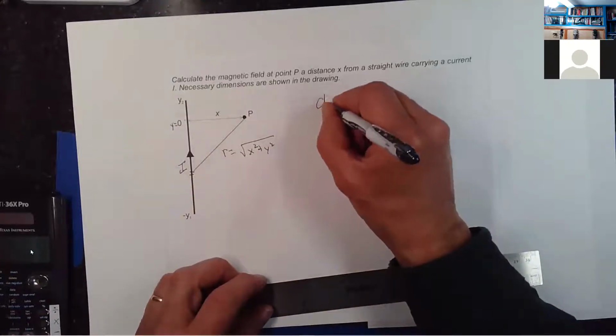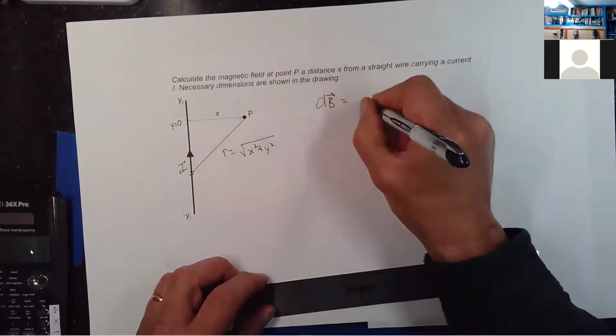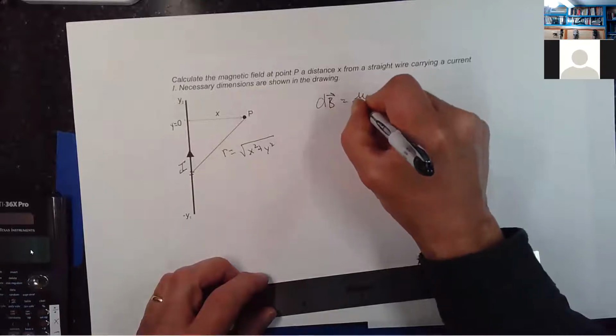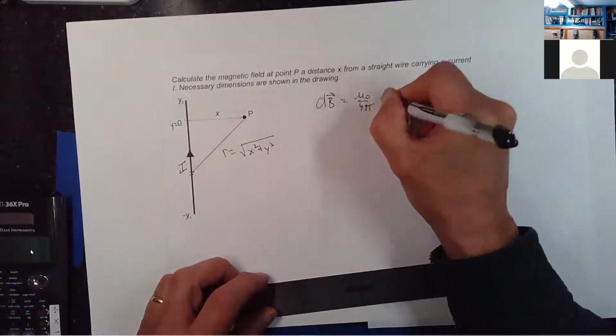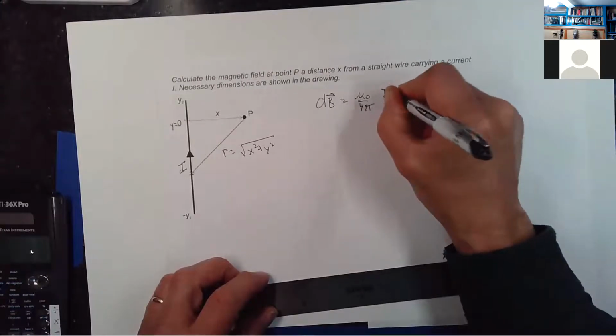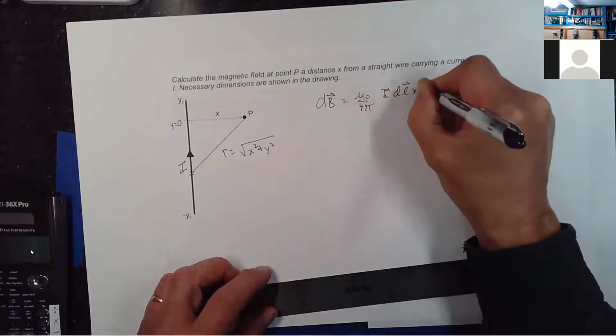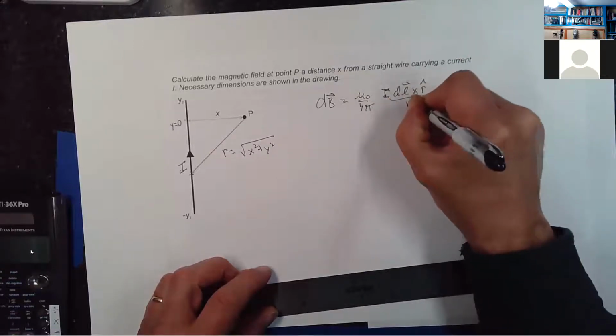What about the magnetic field due to this little chunk of current? It's going to be dB equals mu naught over 4 pi, our constant that will be so important, I dl cross r hat over r squared.